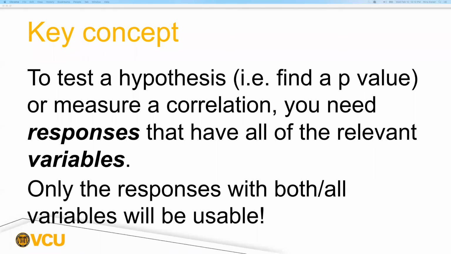So when you're searching, your goal is to find a data set that covers your topic, but also that data set covers each of your specific variables of interest within a single survey in that data set.